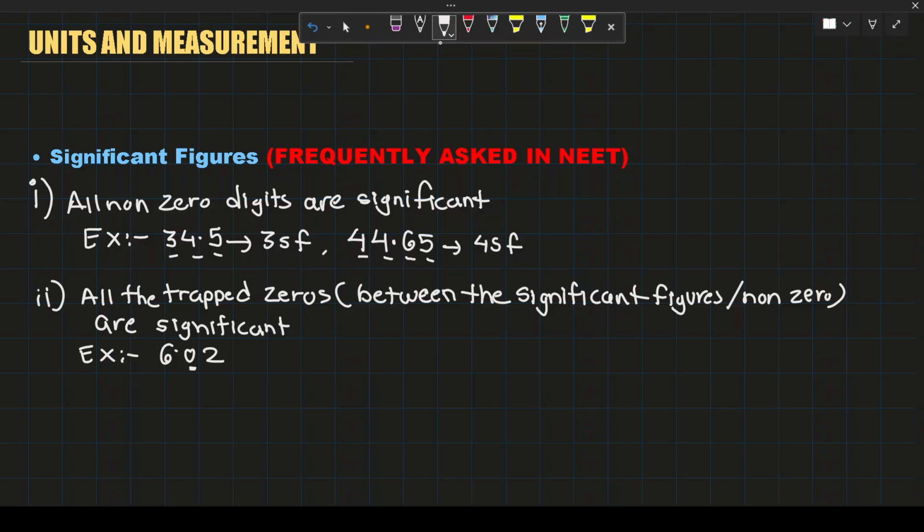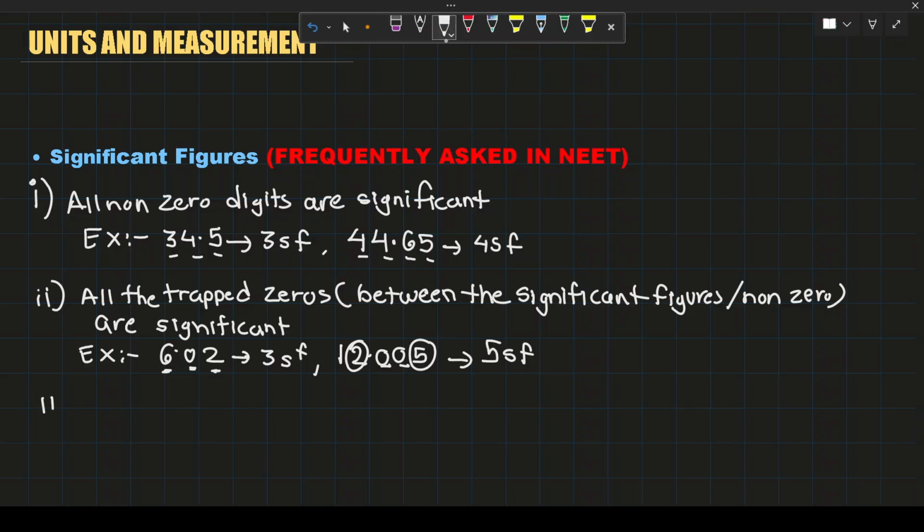You can see 0 lies between two non-zero digits, 6 and 2. So the number of significant figures will be 3. Let's take another example, 12.005. You can see these two zeros lie between non-zero digits 2 and 5. So the number of significant figures will be 1, 2, 3, 4, 5. 5 significant figures.